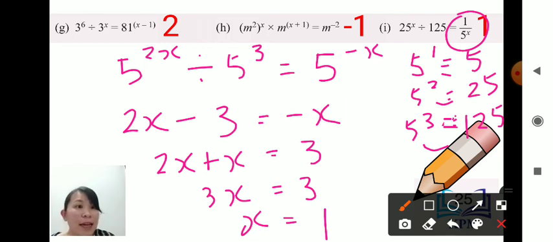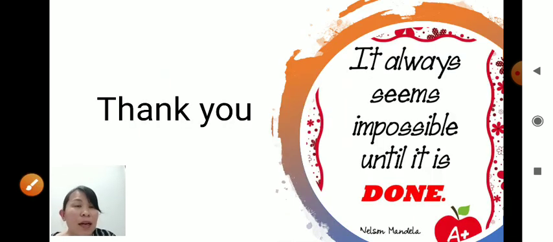Now, lastly, I want to share with you, Nelson Mandela once said, it always seems impossible until it is done. Before, maybe maths is a little hard for some of us.